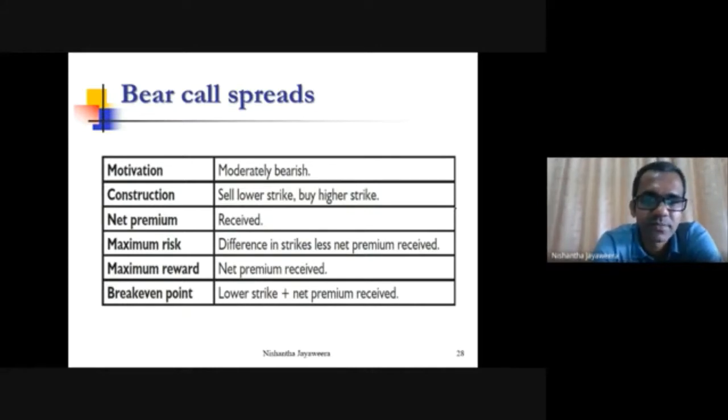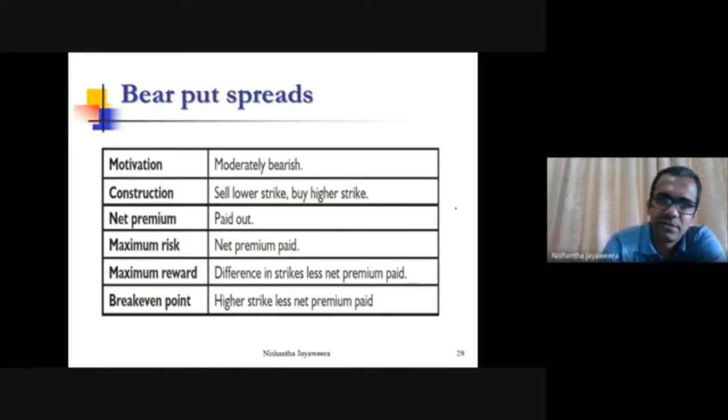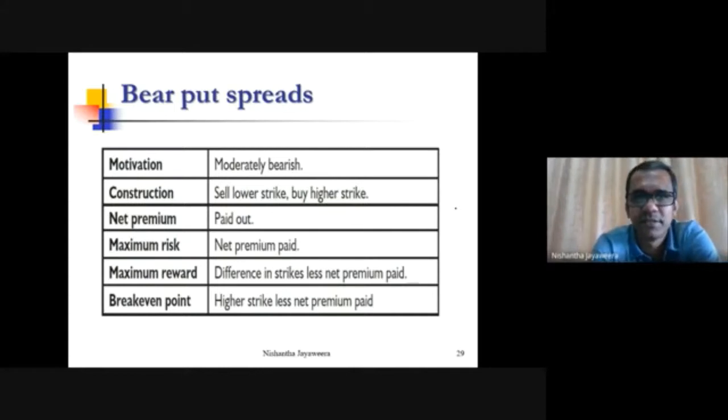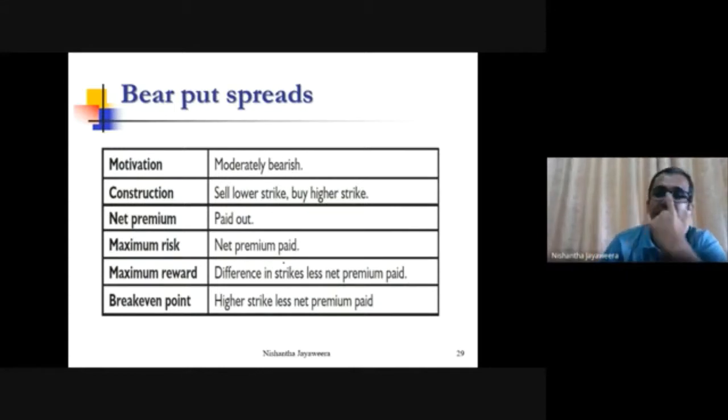So this is the summary. In a bear put spread, still moderately bearish, you sell the lower strike put and buy the higher strike. If you buy a put option on a higher strike, your premium is high. So therefore, the net premium is paid out. So the maximum risk is that amount.